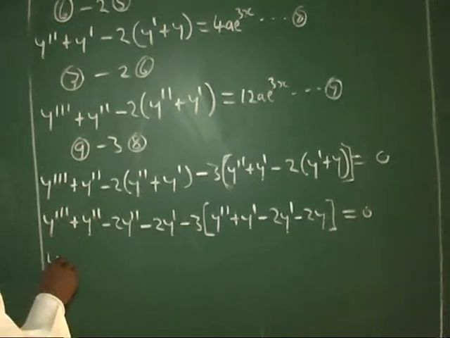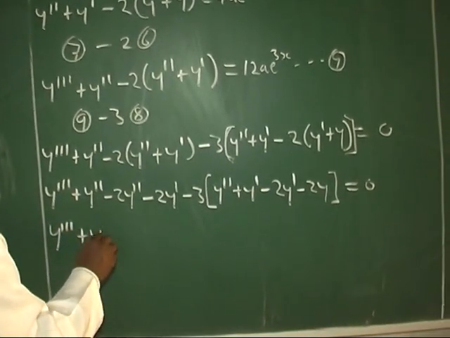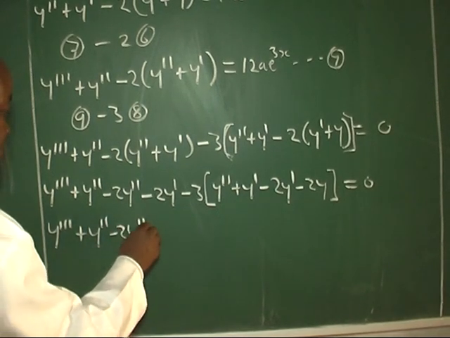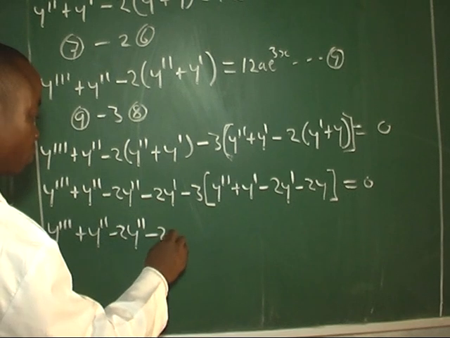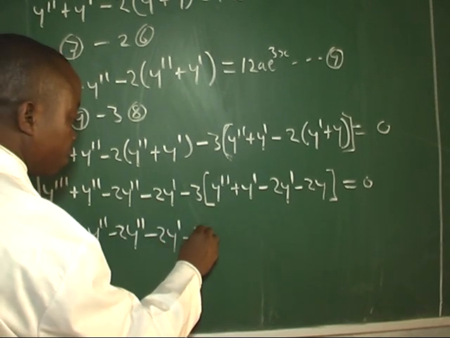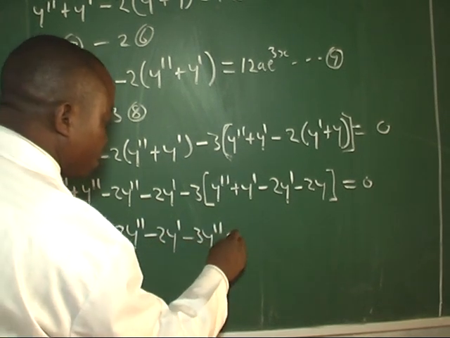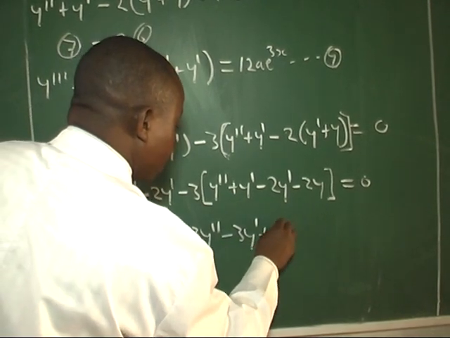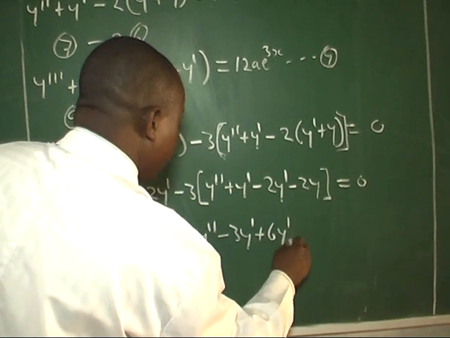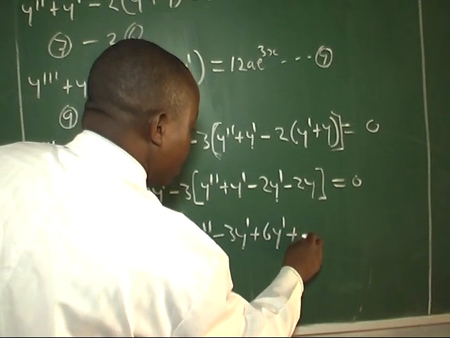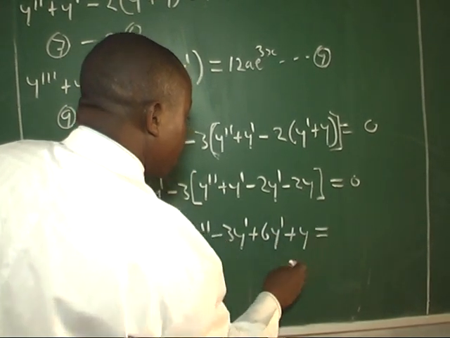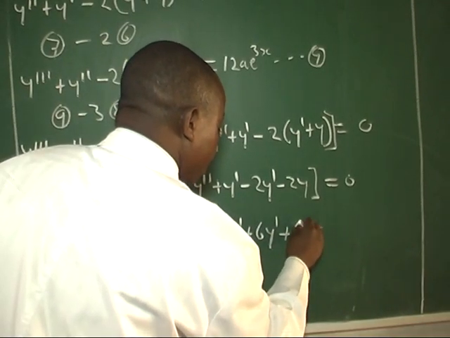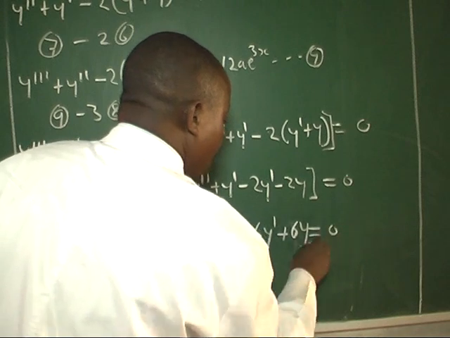Then we have y''' plus y'' minus 2y'', minus 2y' minus 3y'' minus 3y' plus 6y' plus 6y equals 0.